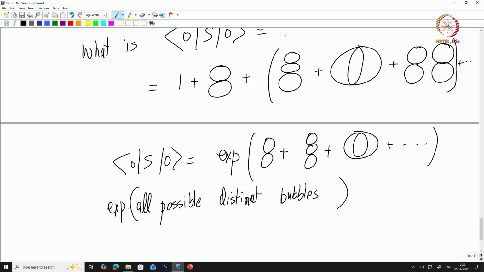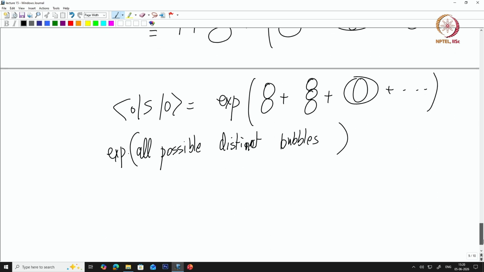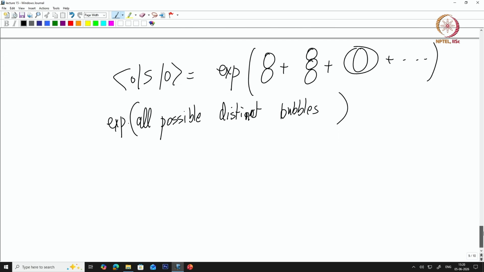So this means that one can show that the numerator here is nothing but all the connected diagrams, essentially all the connected diagrams.